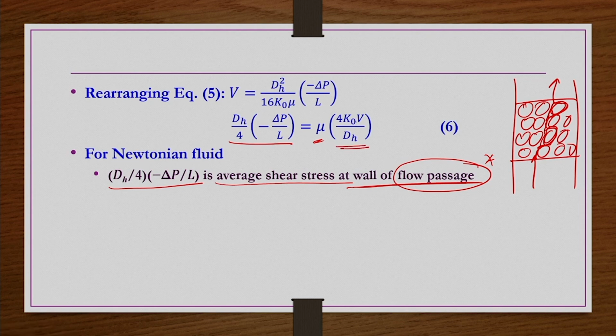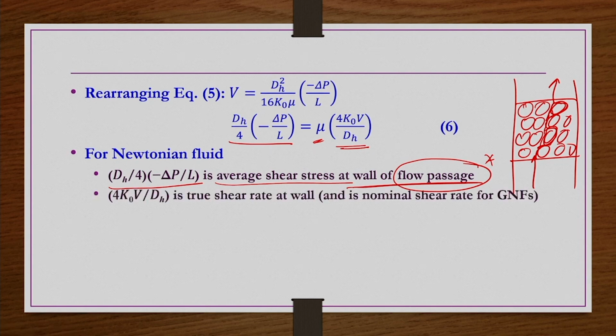So, the parenthesis term here, 4 k naught V by dH, should be the true shear rate. It is the true shear rate for Newtonian fluids, but it is a nominal shear rate for time independent non-Newtonian fluids, generalized Newtonian fluids, that we know already. Okay. This is also at the wall of flow passages, not at the wall of the column.